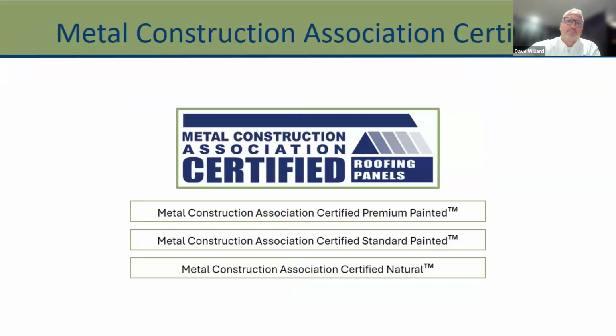That's where the MCA, the Metal Construction Association, comes in. They work with all the top metal manufacturers throughout the country, and they've tried to create a level playing field for all the different warranty claims out there. Sometimes a lower quality paint will have a longer warranty.